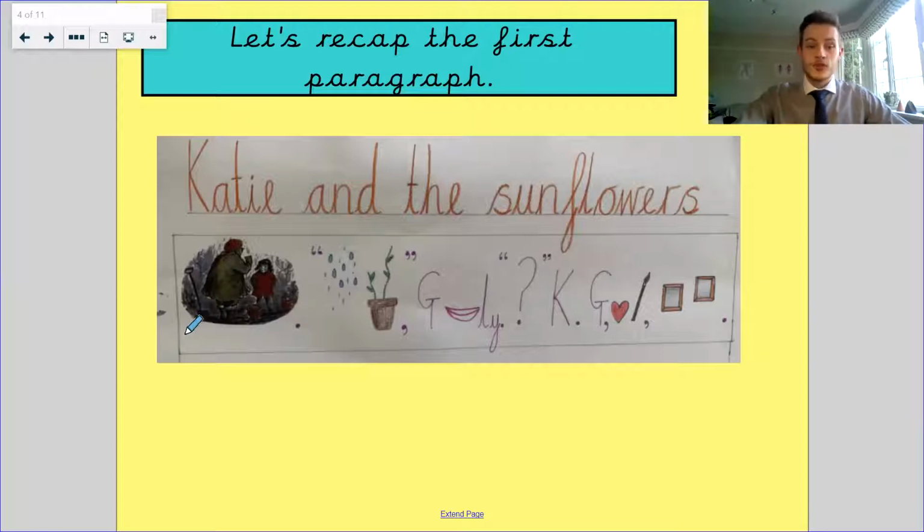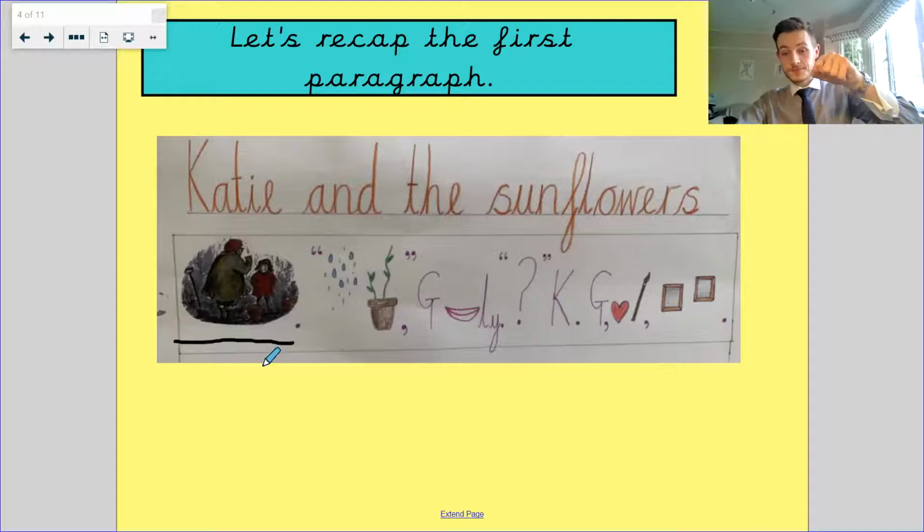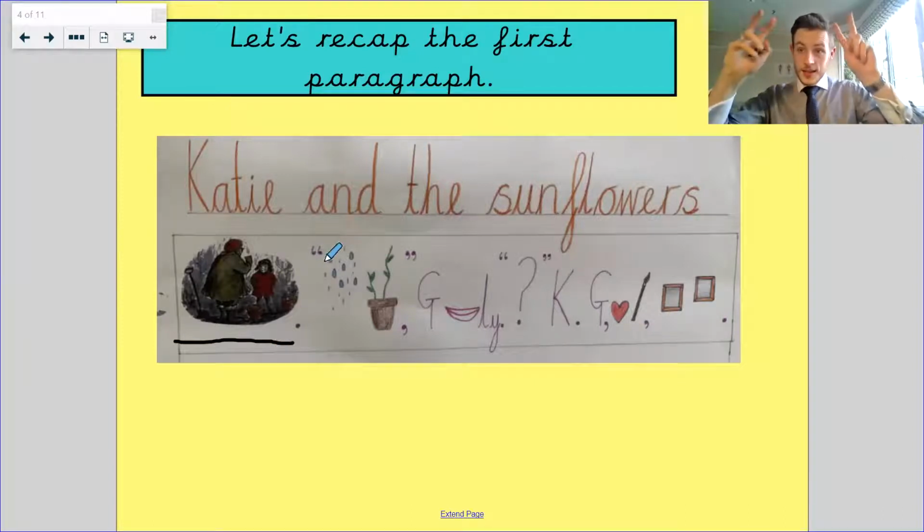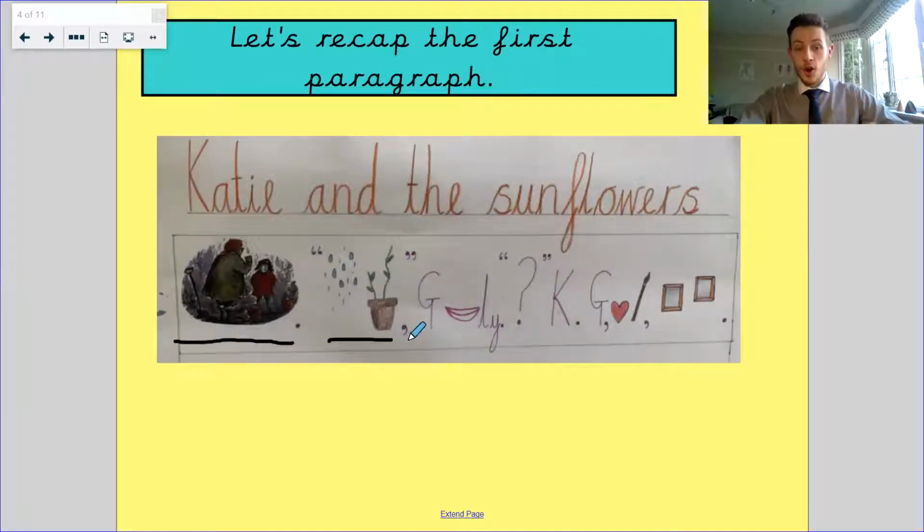So it was Grandma was helping Katie plant some seeds in the garden when it started to rain. "The rain will make everything grow," said Grandma delightedly.